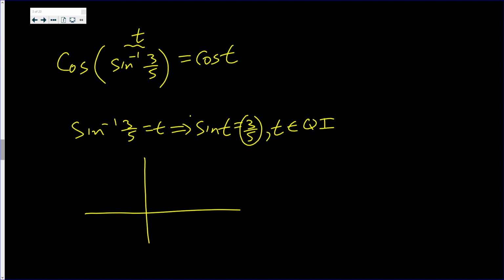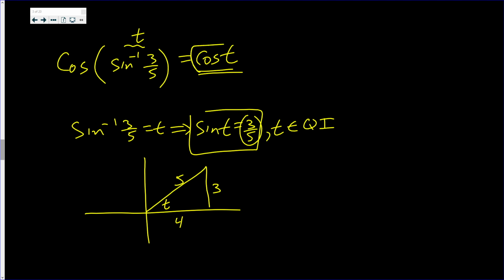I didn't stop right here because they're not asking me for the sine of t. They want the cosine of t. Well, the sine of t is opposite over hypotenuse. Oh, that's 4. You want the cosine of t. All right, it's adjacent over hypotenuse. The cosine of the sine inverse of 3/5 is equal to 4/5.